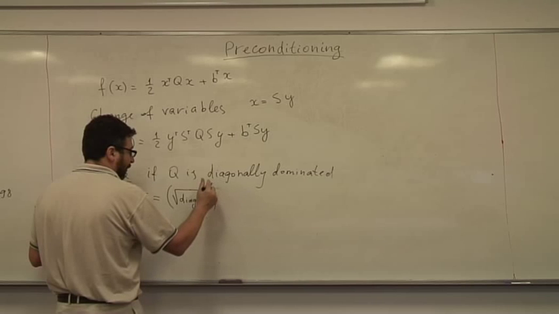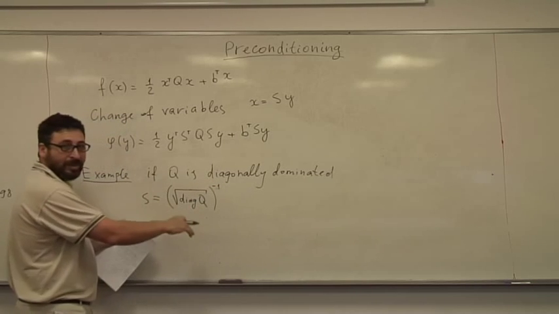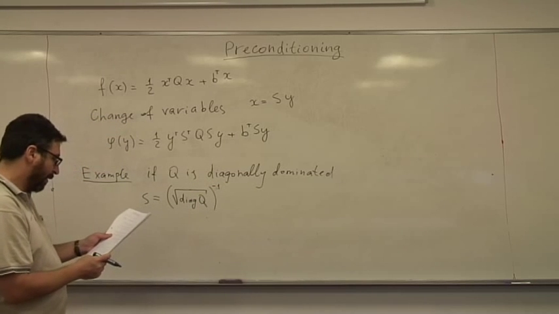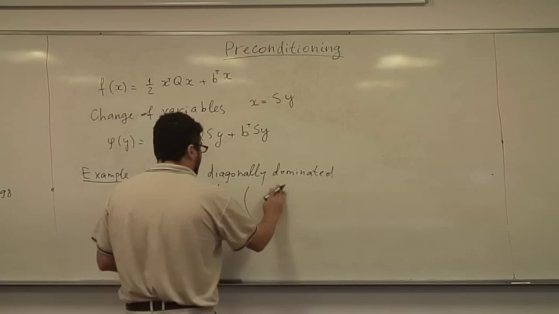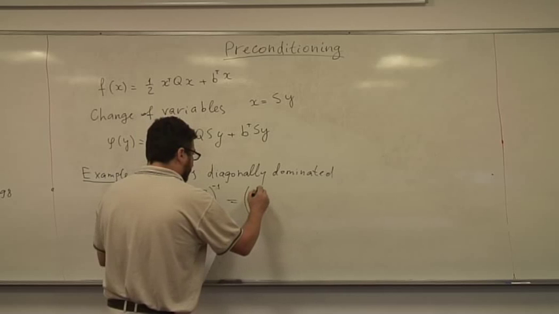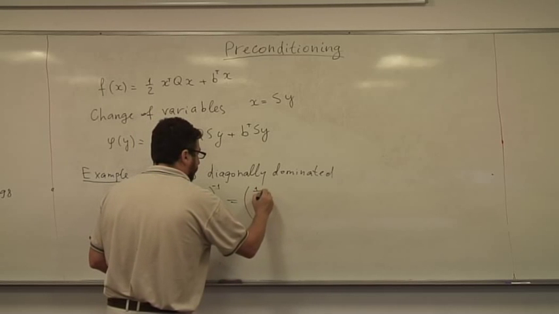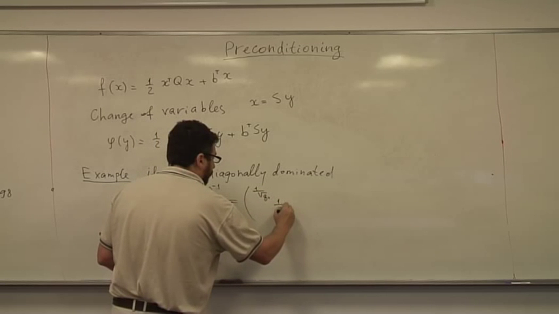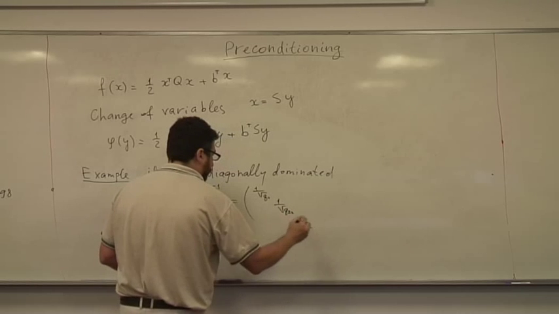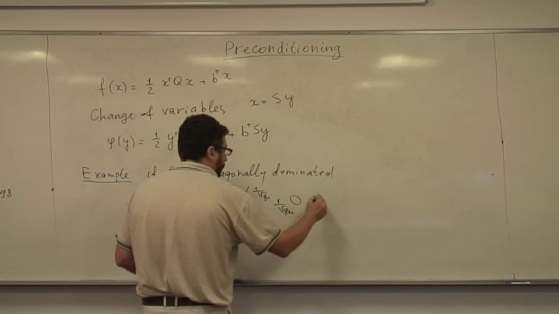This is like taking the inverse of this matrix. Or I can even write it out: if it's a diagonal matrix, on the diagonal we have 1 over square root of Q 1, 1 over square root of Q 2, and so on, and zeros in other places.